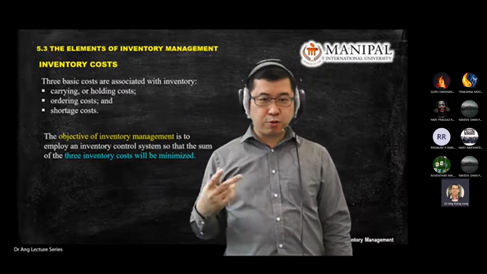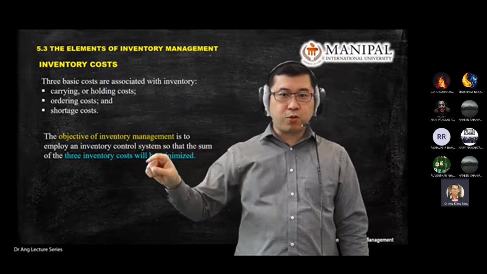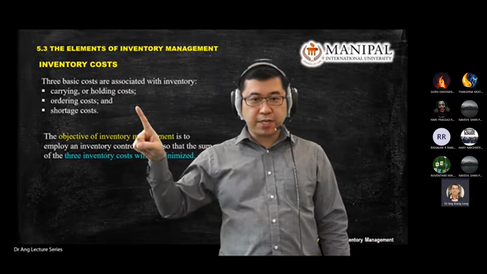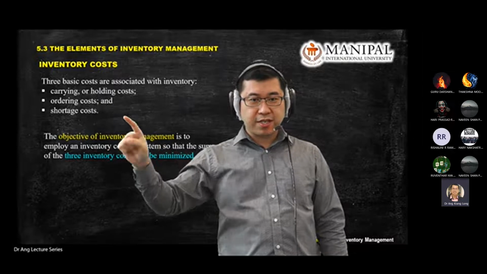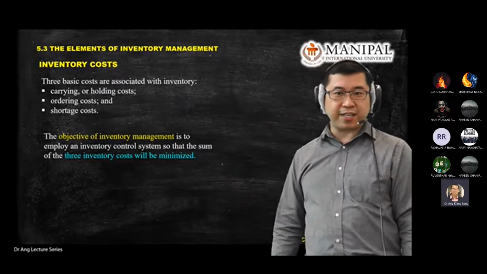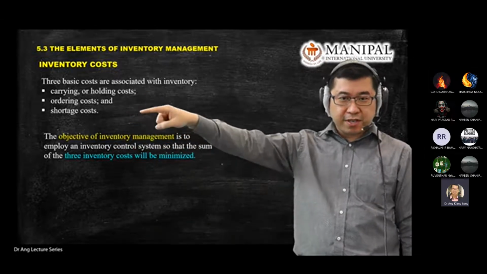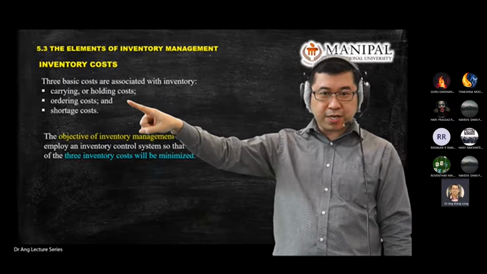Losing customers is also not good for your wallet. So the optimum goal in inventory management is to reduce these three. Reduce by how much? There's a calculation for that later. But in principle, we want to reduce this one, this one, this one.